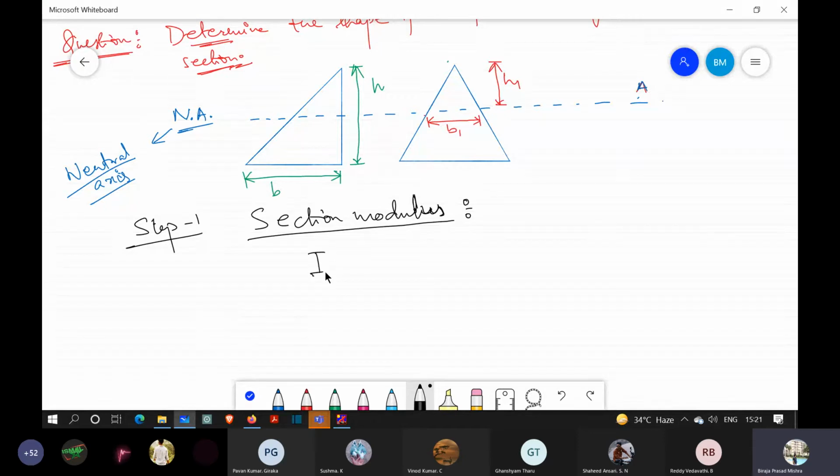I equals BH cube by 36, this already we know. And from this the minimum section modulus, S min, will be I by Y max.